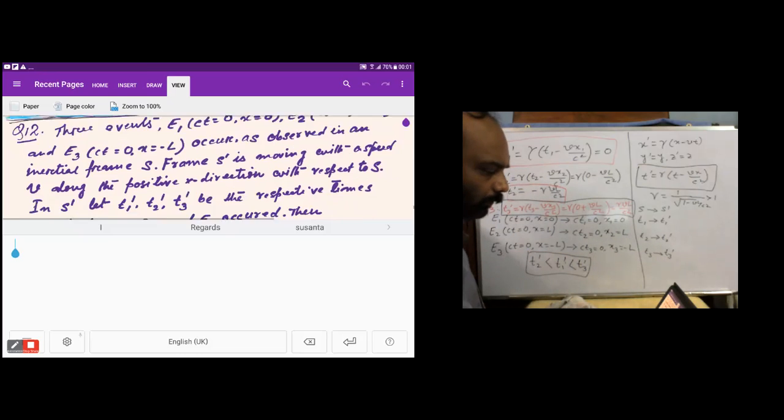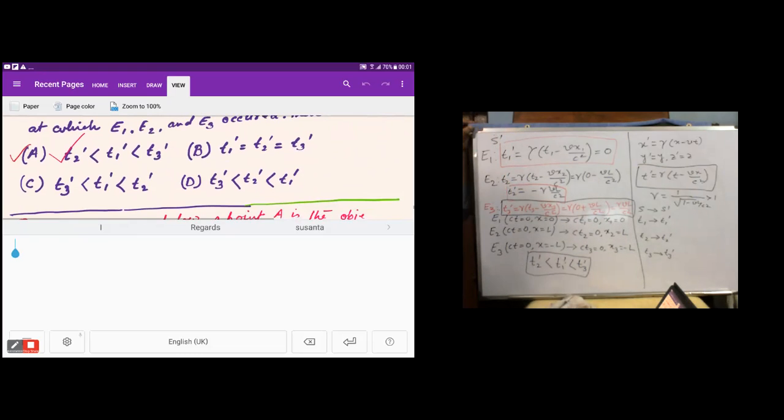So option A, T2 dash is smaller than T1 dash is smaller than T3 dash.